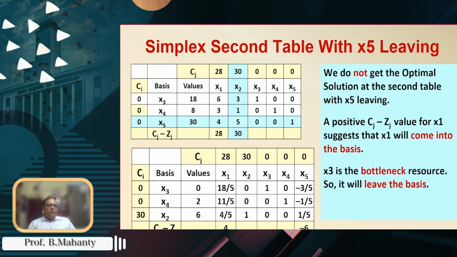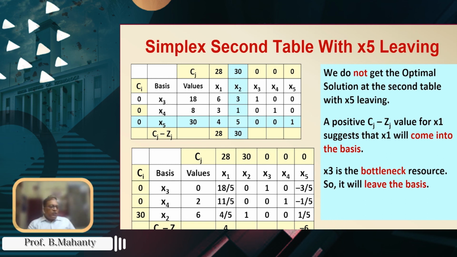If you compute, with the intersecting element 5, we divide each element by 5, and then we get the key row. We also get the key column as 0, 0, 1, so that the canonical form can be maintained by the variables in the basis in that order, that is x3, x4, x2, and the x1 and x2 coefficients are computed again.